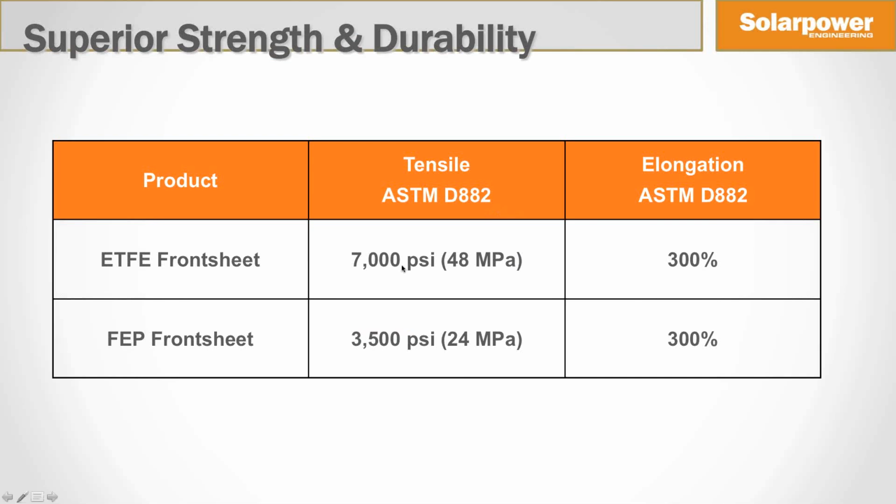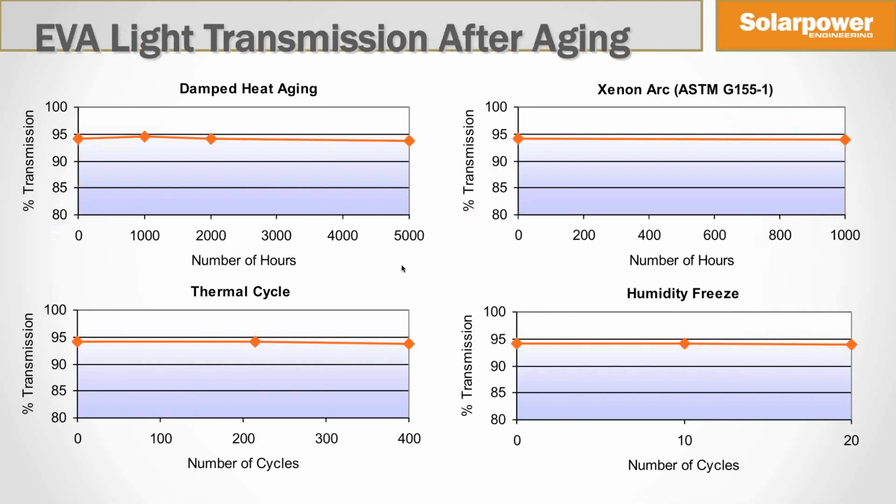In addition to the fluoropolymer films, what goes beneath the films is an encapsulant, the EVA encapsulant, the primary function of which is to provide cushioning and structural support to the solar cells and circuitry, and while doing this, it also has to maximize the transmission of sunlight for energy conversion.